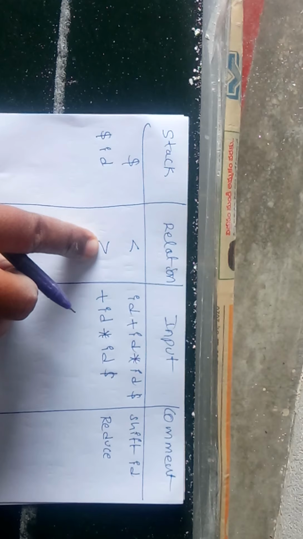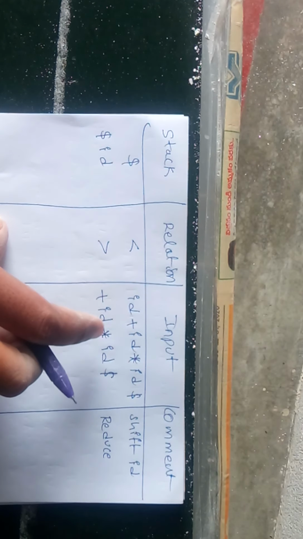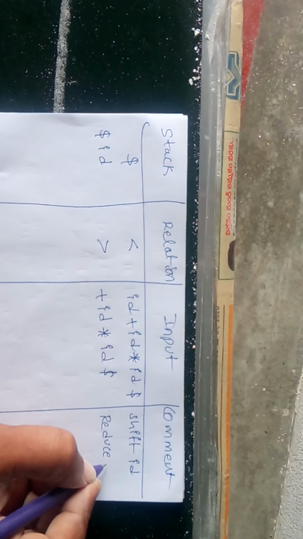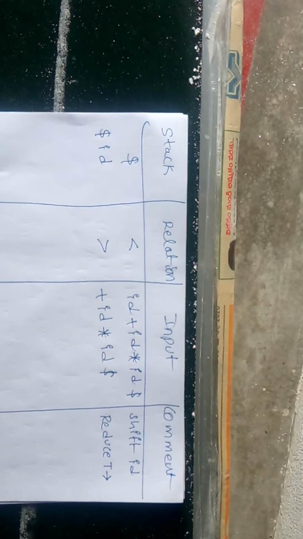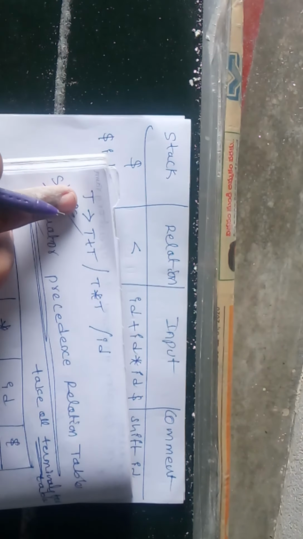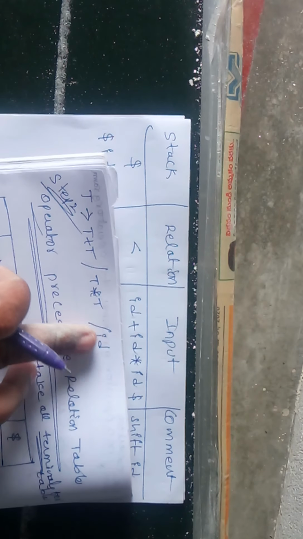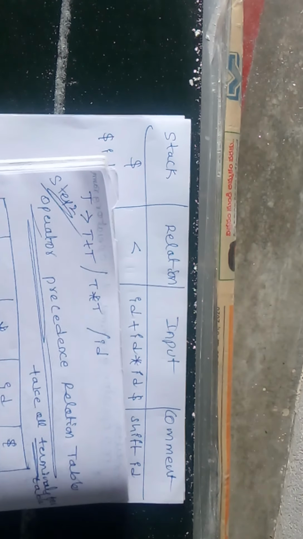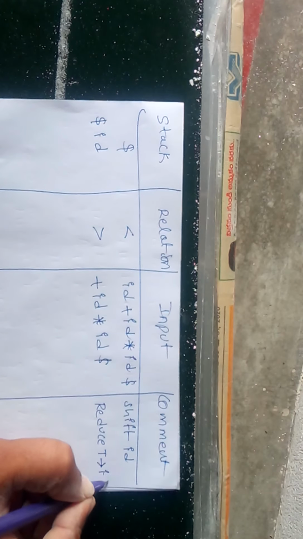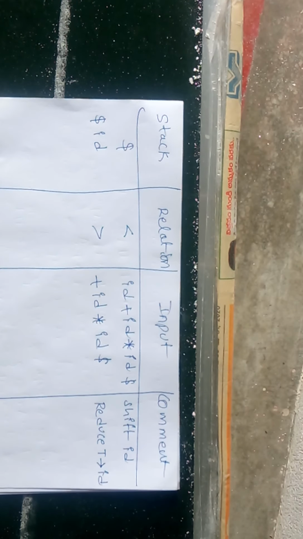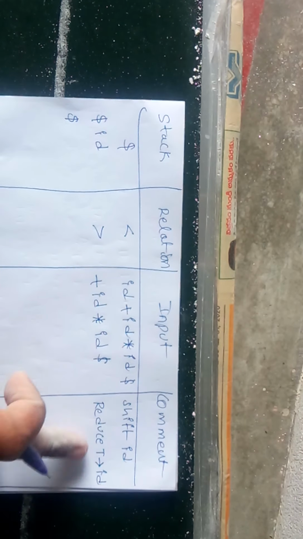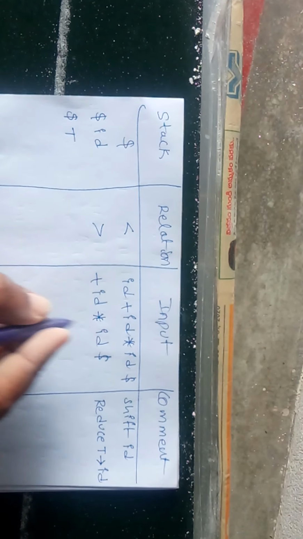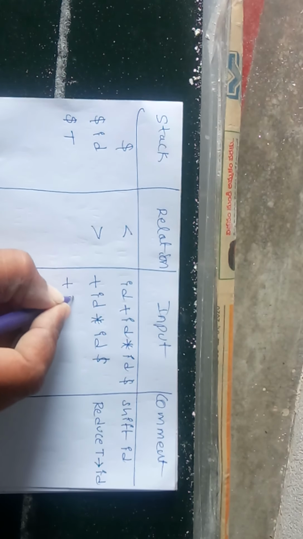In the comment section write reduce T. We already have in the problem itself T produces id, so we reduce this id with T. In the next step, dollar, reduced id with T, that means T. Write the remaining expression as it is.